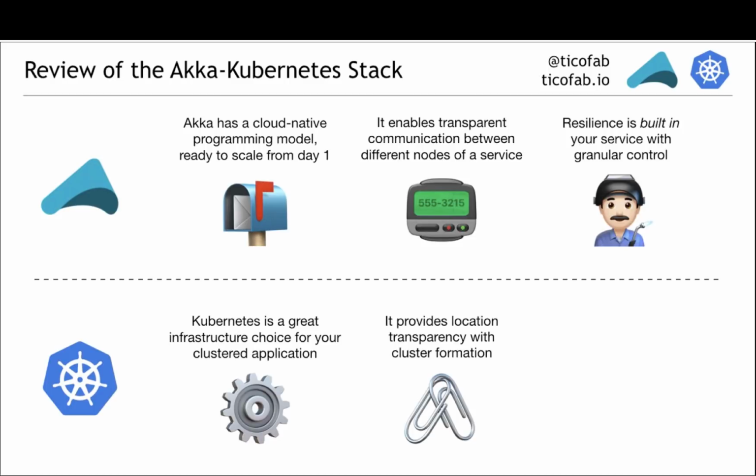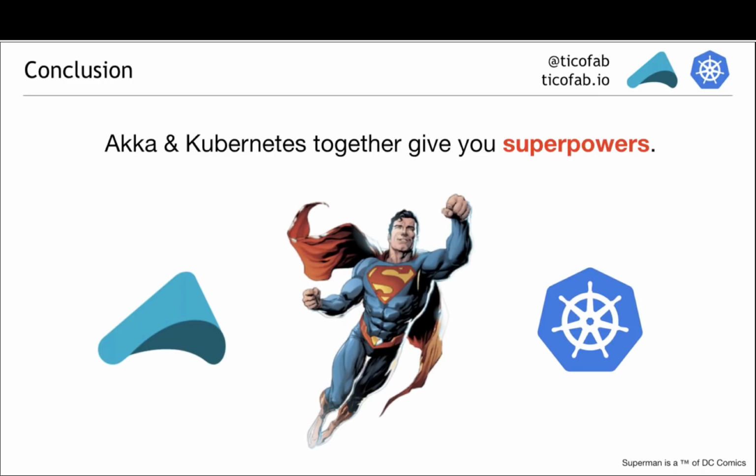And it provides location transparency with cluster formation, helps a lot there, and it introduces resilience at an infrastructure level. So my personal conclusion is that Akka and Kubernetes together give you superpowers. And I would go as far as saying that Kubernetes should be the default deploying strategy for your clustered applications.